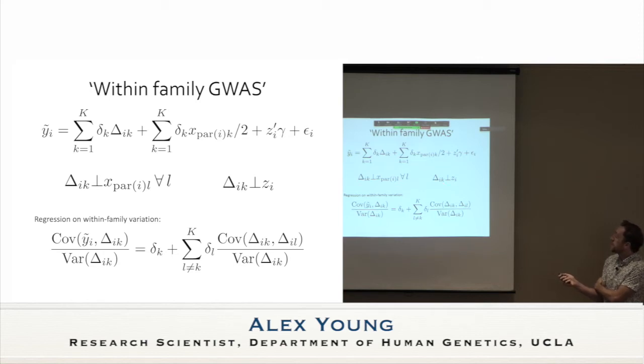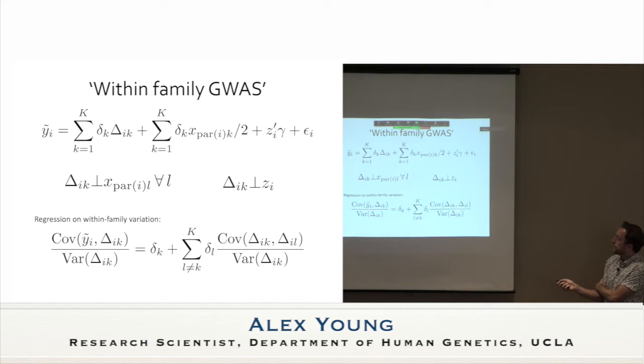We also have from before that the segregation genotype is independent of the confounds, because that's the component that's just due to random segregation in the family, which is uncorrelated with the confounds. So we can also ignore the confounding term and the residual term. If we're regressing phenotype on the segregation genotype, it's only this term that contributes, and therefore we're going to pick up the causal effect of that SNP.